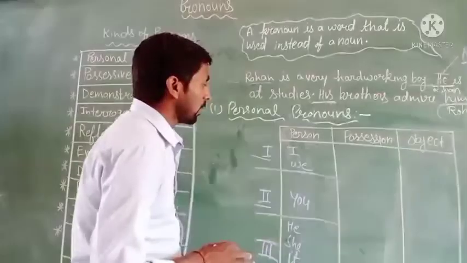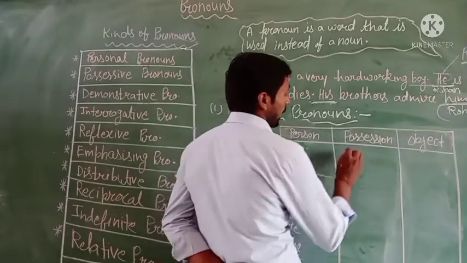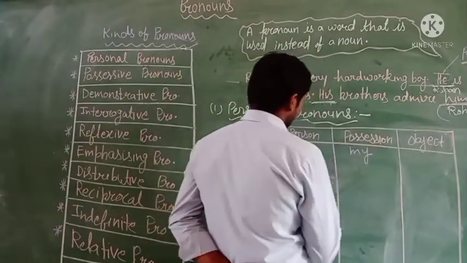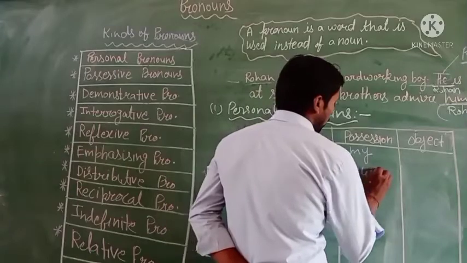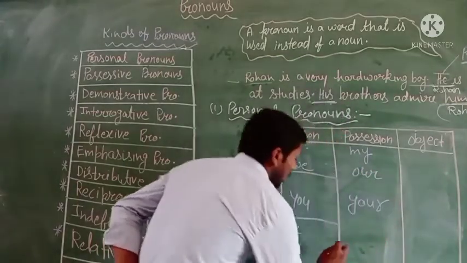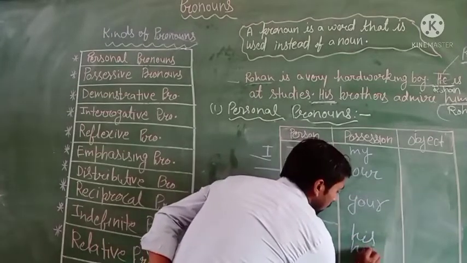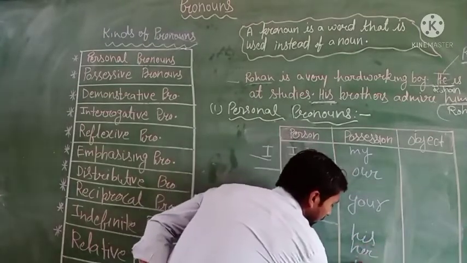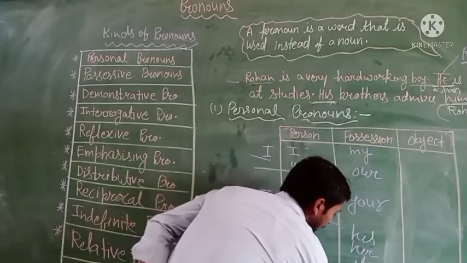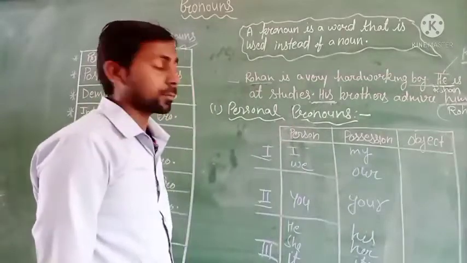Yes, and you can use its possessive: "I" will be "my", "we" will be "our", "you" will be "your", "he" will be "his", "she" will be "her", "it" will be "its" and "they" will be "their". Clear?